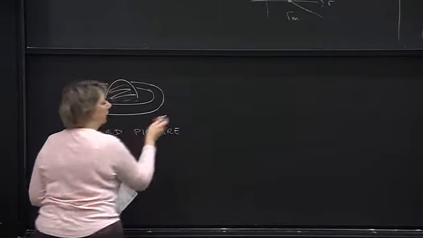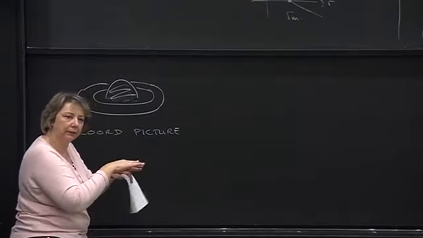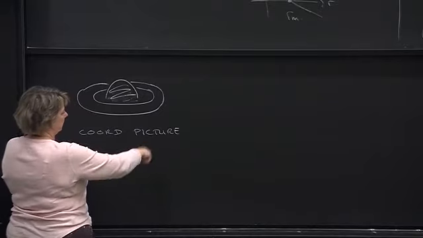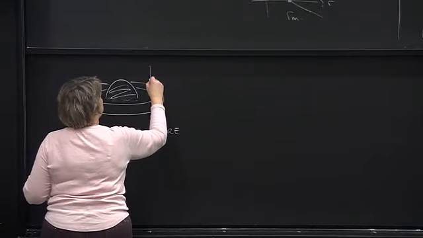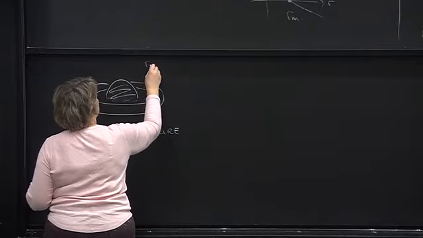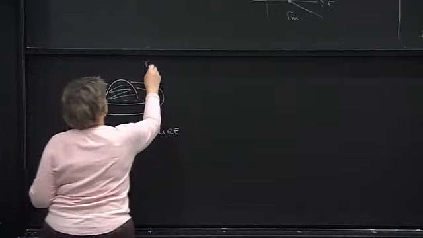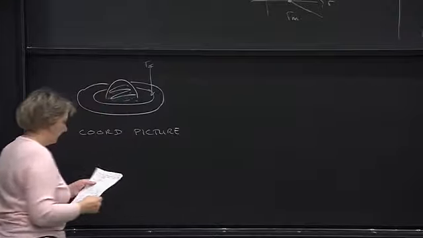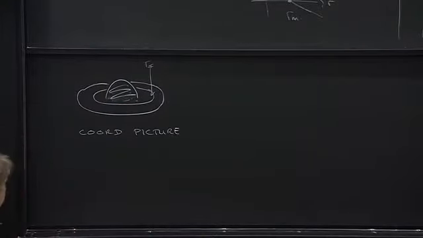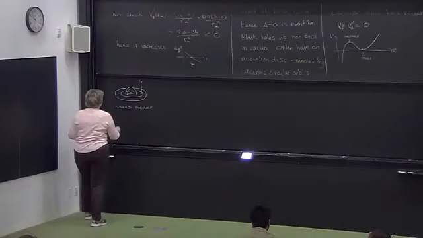I'm drawing a finite extent to emphasize it's like a disk. But let's suppose that the disk has some inner radius. So that's what we're going to get towards accessing. So let's take Schwarzschild.